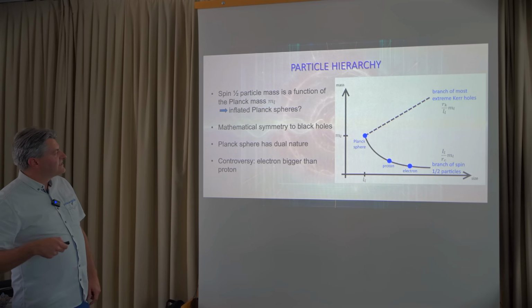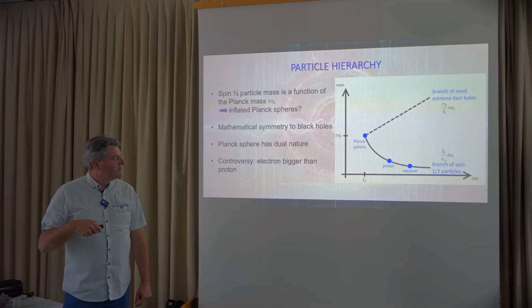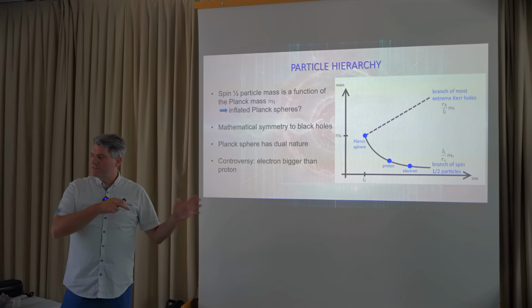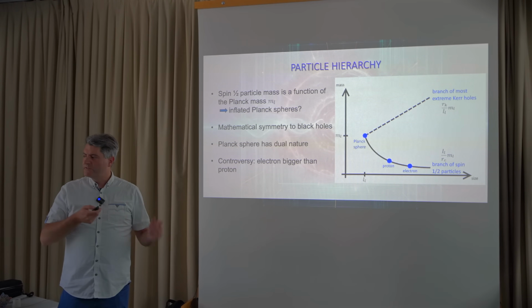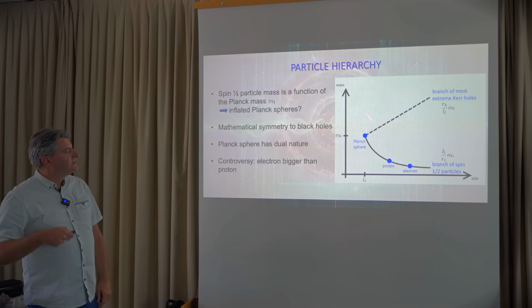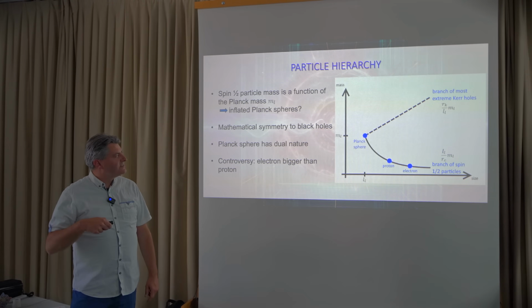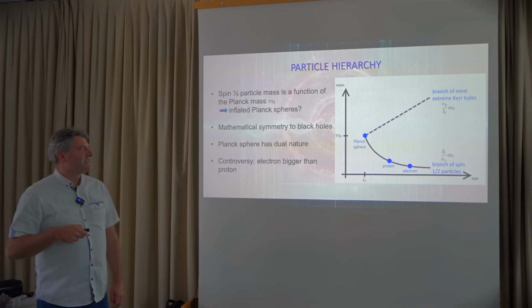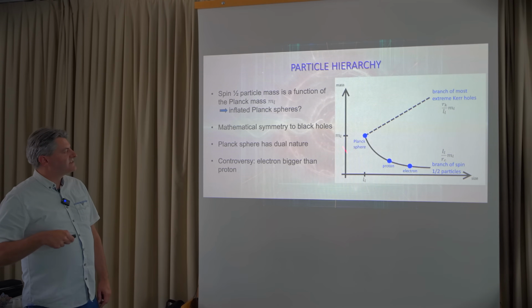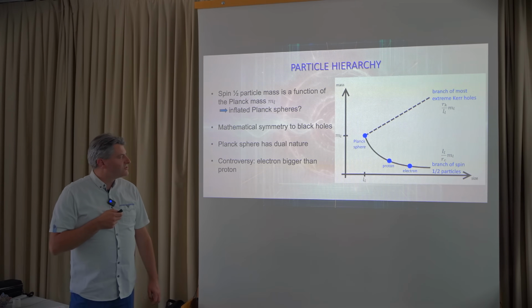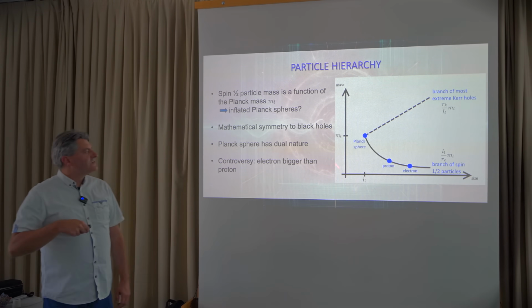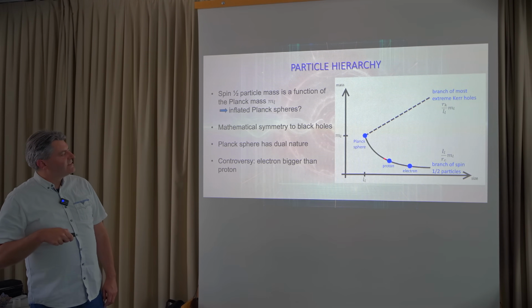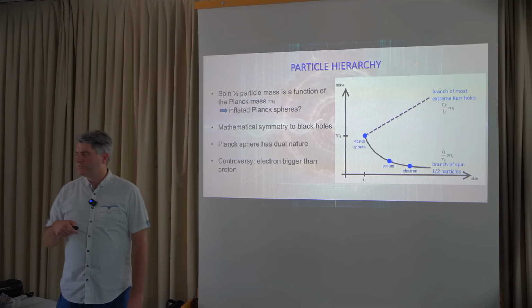And then the interesting thing is that the Planck sphere, which I will explain more about in later slides, what it really is or means, is a spin 1.5 particle as well as a black hole. That's possible because the mass of the Planck sphere is much higher than the mass of the proton and the electron. And this graph also leads to the speculation that the proton and electron may actually be inflated Planck spheres.